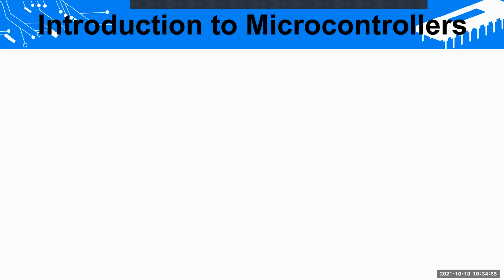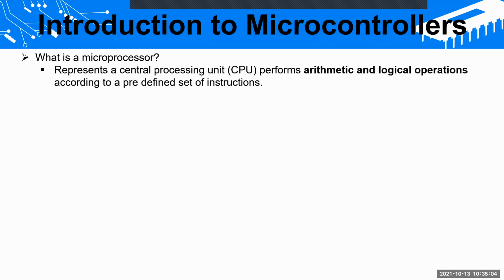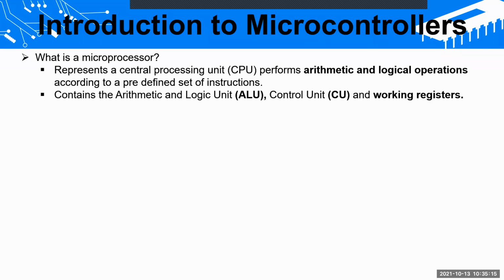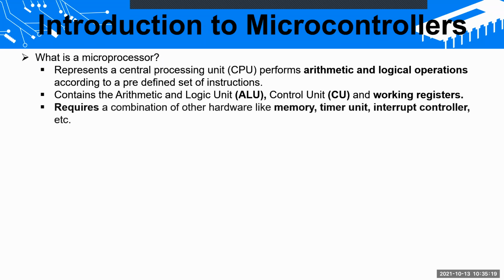Okay, microcontroller. Before moving to microcontrollers, you know microprocessors, right? A microprocessor is like a normal CPU. It can do arithmetic and logic operations. It has an ALU, CU, and some registers.